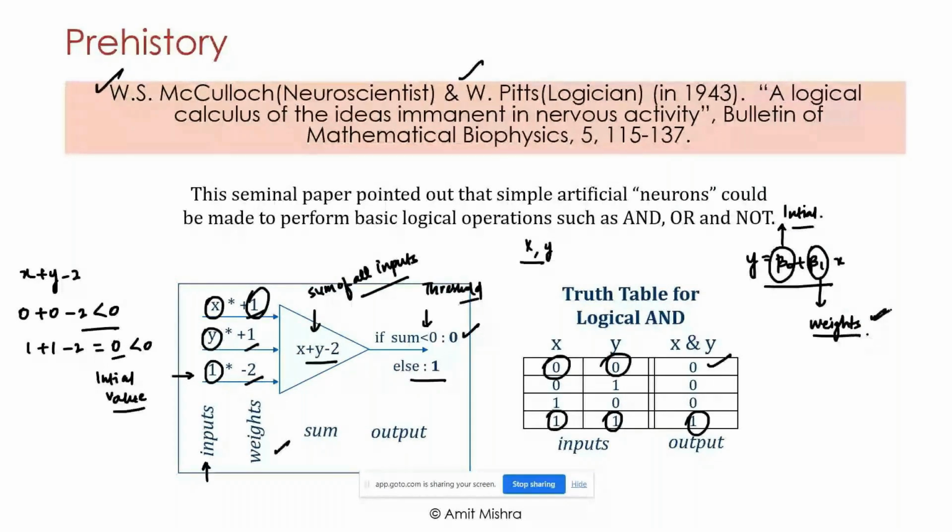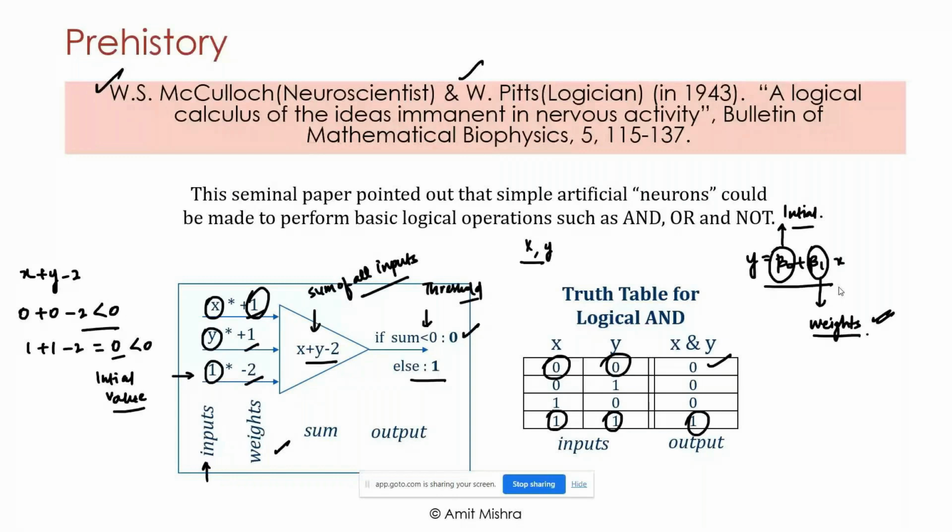Along with that, we will have a threshold value as well. So we'll compare the sum of all input data, and if this is smaller than the threshold value, our output will be 0. If it is not, then it will be 1.